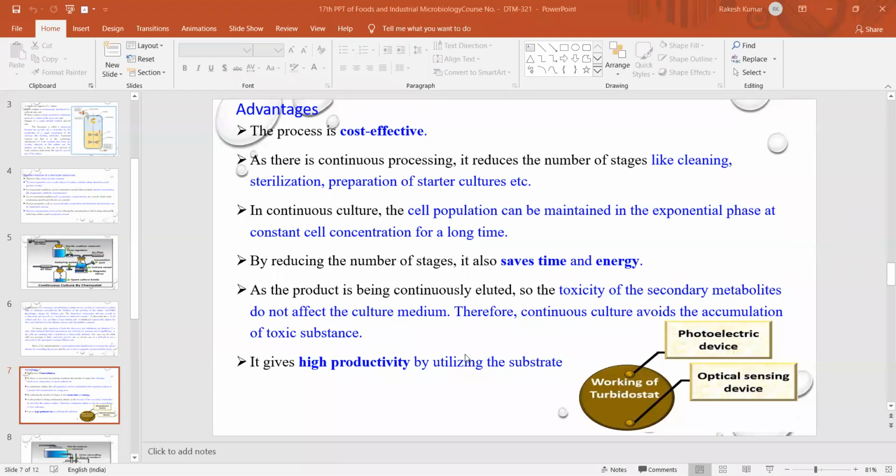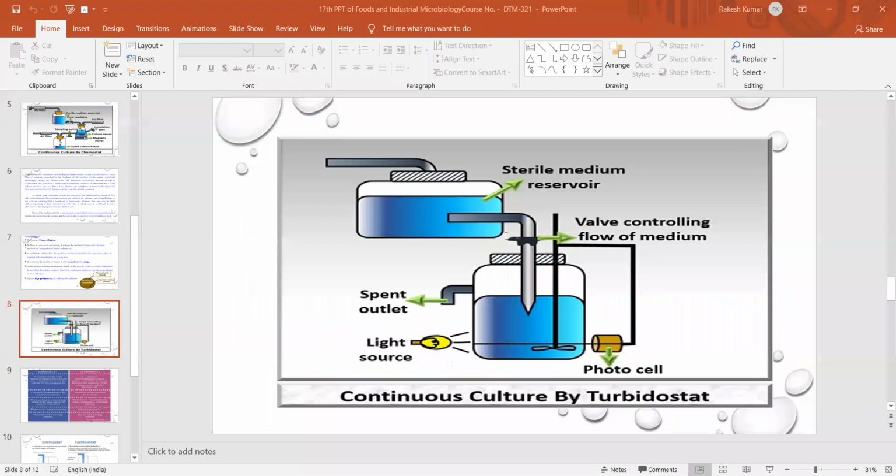One very important thing: how is the turbidostat working? We are mainly using two devices, photoelectric devices as well as optical sensing devices. Whatever changes occur inside the chamber will be noted by sensors present in the system, and automatically they will send the message about the turbidity to the regulator, which is used for addition or restriction of the sterile media required for the system.